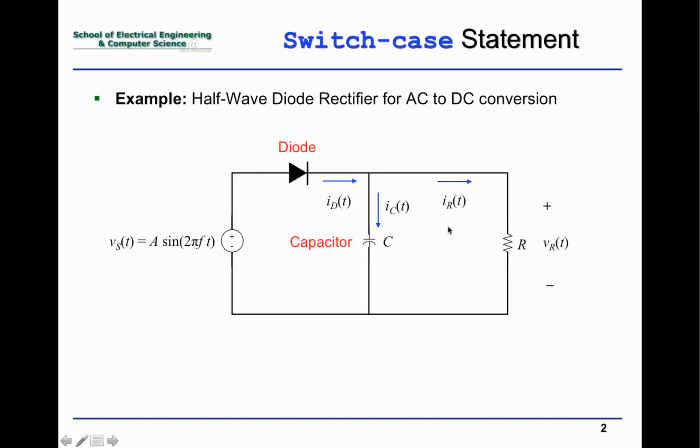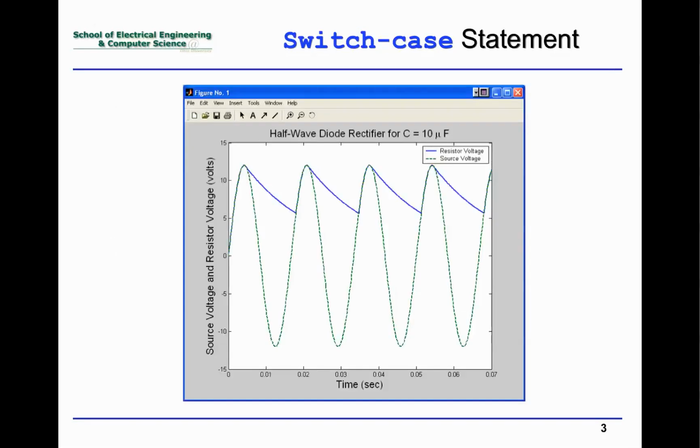So if we take a look at what happens when the simulation has been put in place, what we see for a 10 microfarad capacitor in this particular case, we'll look at the details shortly in terms of the other parameters, is that as the source voltage builds up, similarly the blue is the voltage across the resistor.